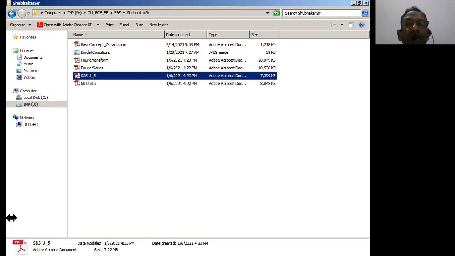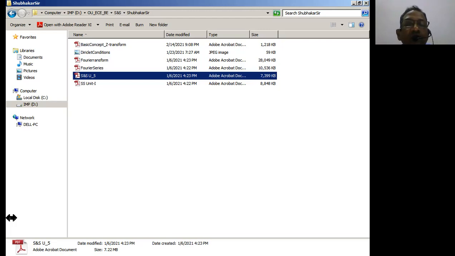Now here, 1 minus z inverse squared should be greater than or equal to 0 for the ROC to exist. So by solving this, 1 would be greater than mod z inverse, that is, mod z would be greater than 1.